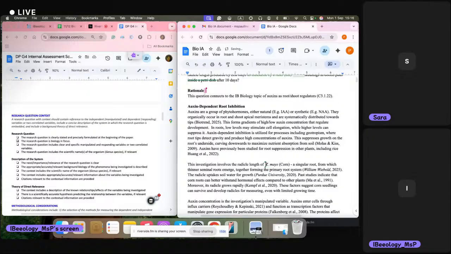So when we write scientific name, the genus is capitalized, and then the species will be all small letters, and we italicize it. Oops, I made a mistake. I'm sorry. So italicize like so. All right.